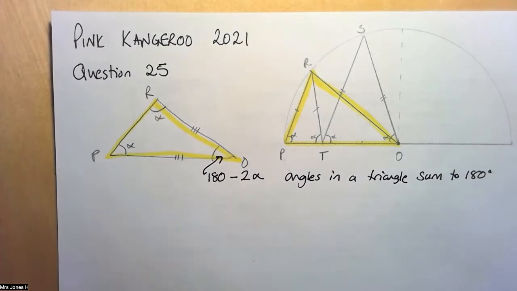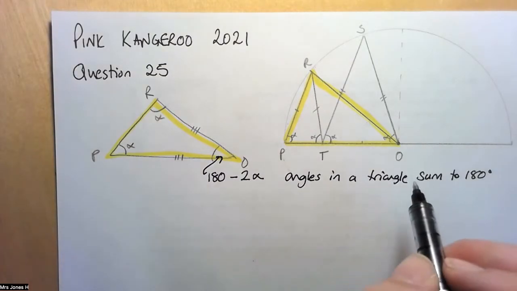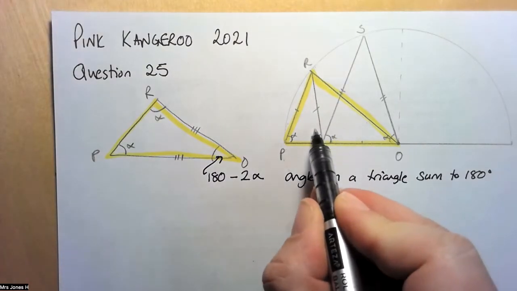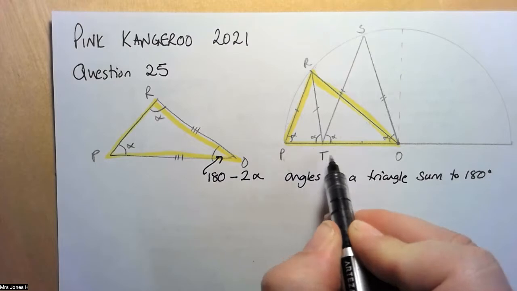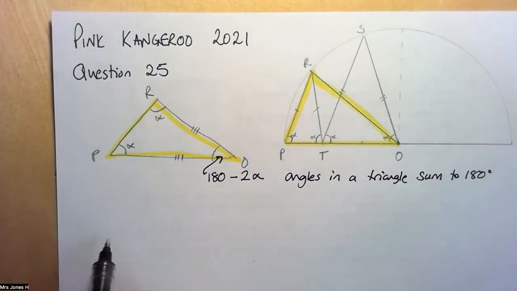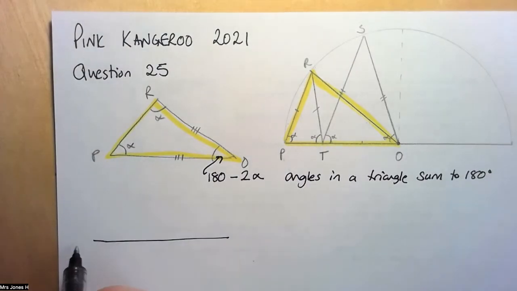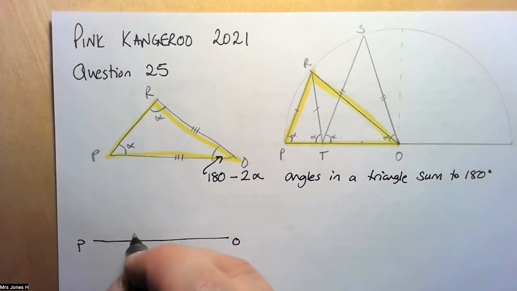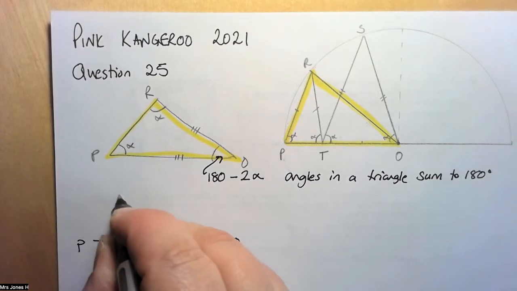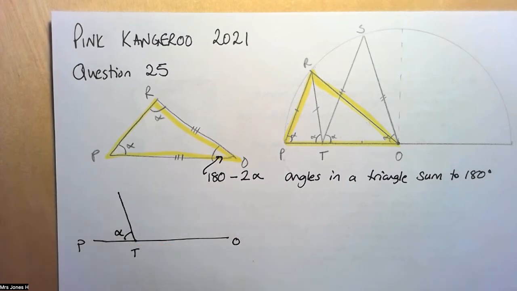Then what we're looking at is this, just here at T. So if I draw that out, we've got P at this end, we've got O at this end, we have T just here, and then we know that the angle that's going up here is theta.